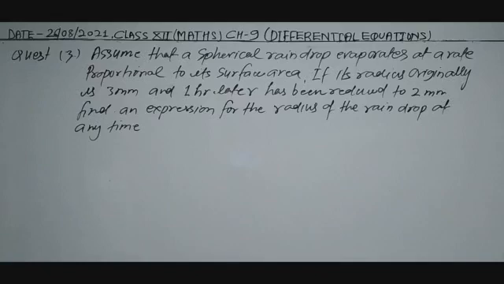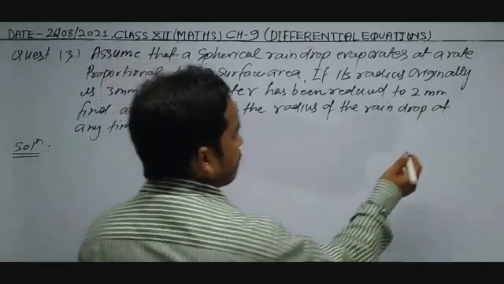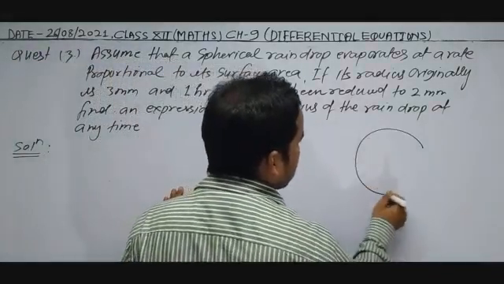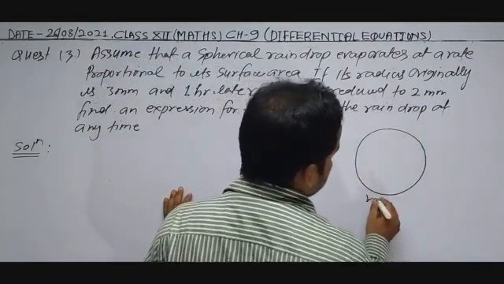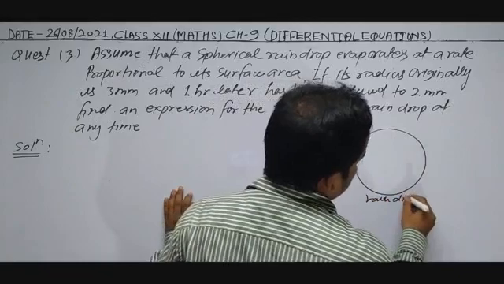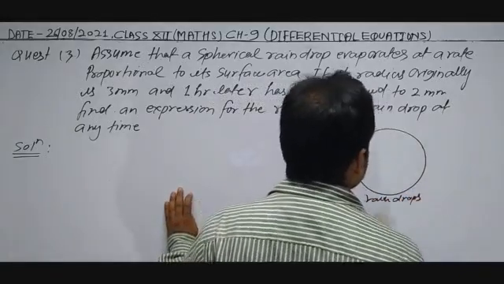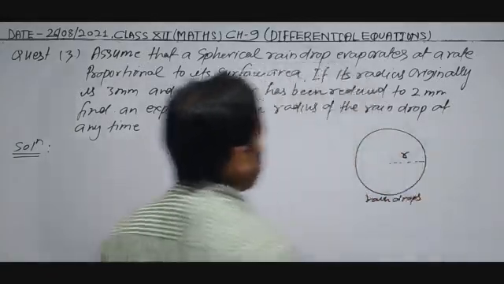So we are talking about spherical raindrops. For a spherical shape, the volume is 4 pi by 3 r cube and its surface area is 4 pi r square. Suppose this is the raindrop with radius r.